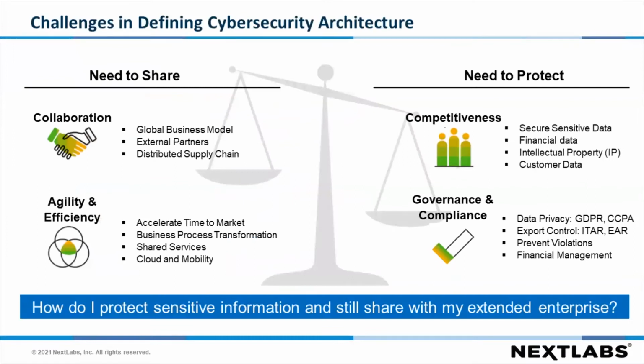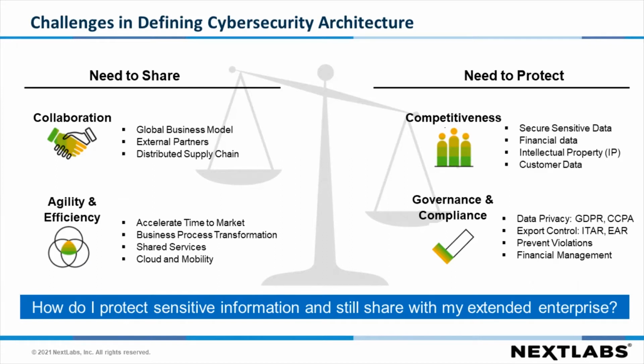So let's discuss the challenges in defining cybersecurity architecture as relates to data security. There's a constant push and pull between two topics: the need to share and the need to protect. Organizations with global business models, large third-party external partners, and distributed supply chains have to balance this, because you have to share data that's sometimes proprietary or controlled with these partners, but you also have the obligation to protect these things.